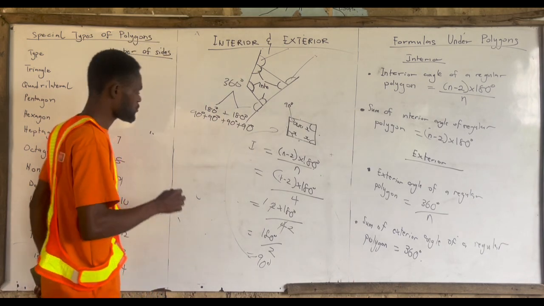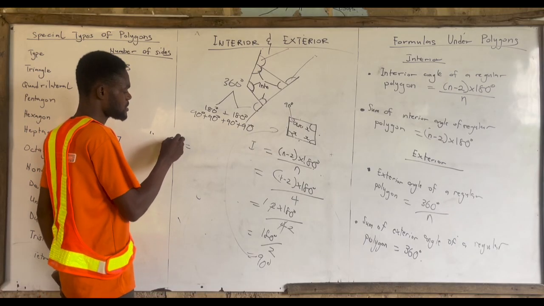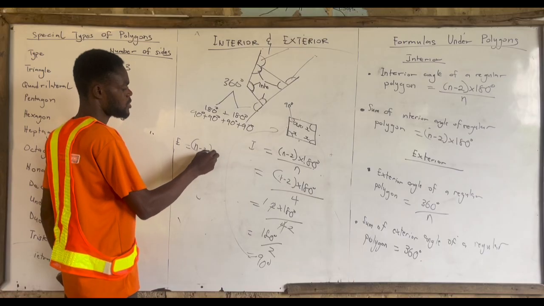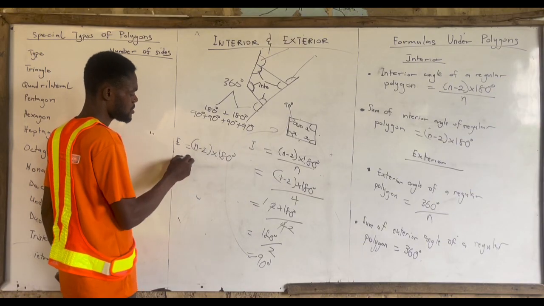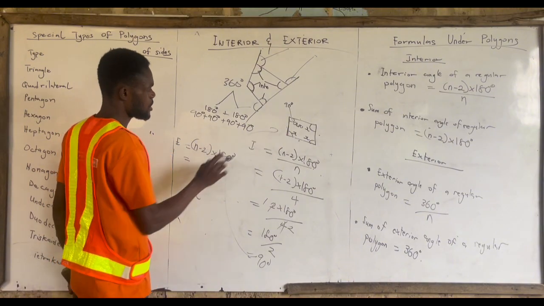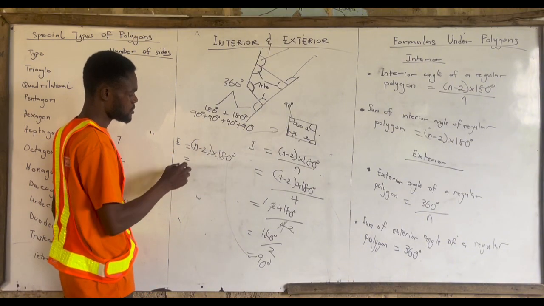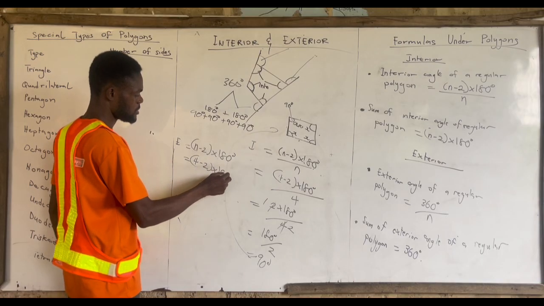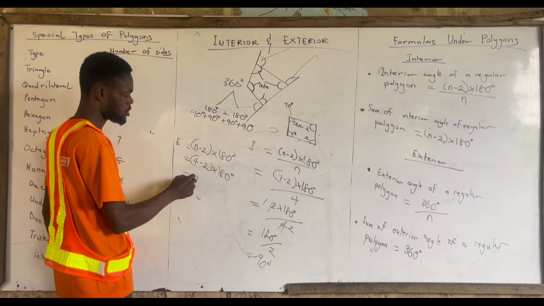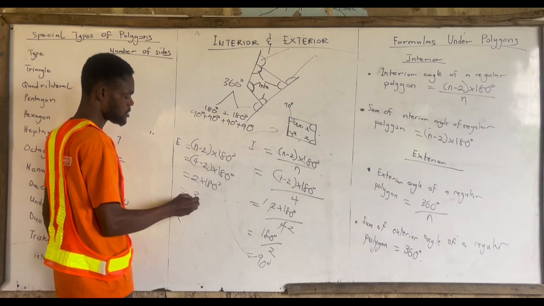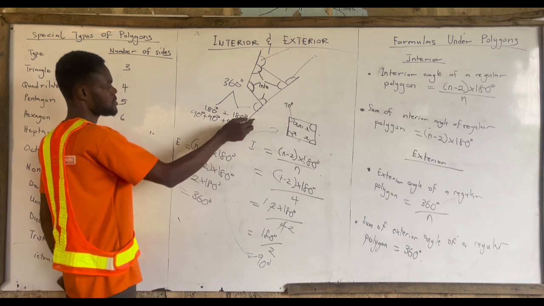Let's use the formula to prove that. Interior: n minus 2 times 180 degrees. So how many sides does a square have? 4. 4 minus 2 times 180 degrees. You subtract, you're going to get 2 times 180 degrees, which is equal to 360 degrees.